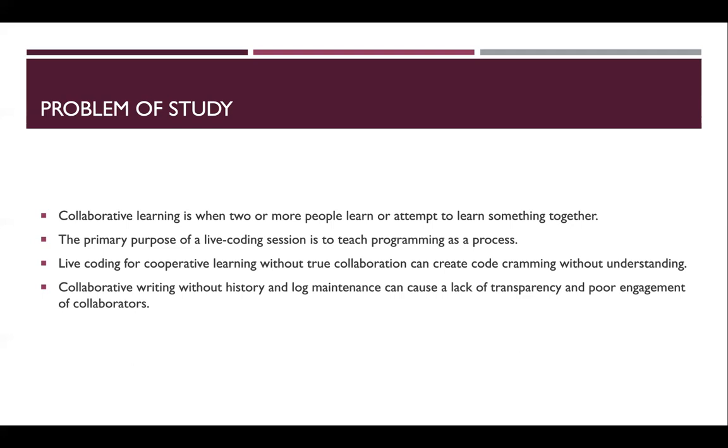So for live coding for collaborative learning, we know that without proper collaboration, it would just be code cramming. For example, if you are in a classroom and your teacher is teaching some language and just shows you how he does the work and you are just watching, the best you can do is just cram that code, nothing more than that.